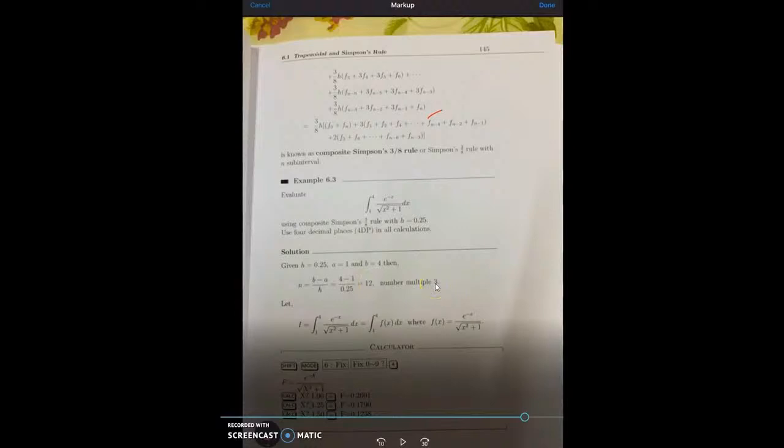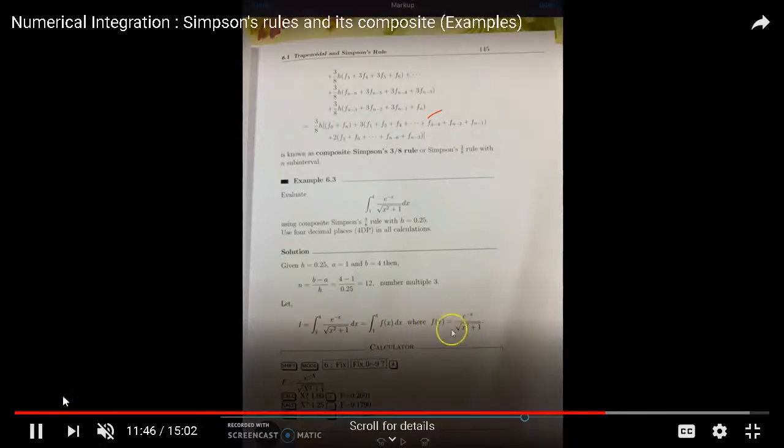You need to differentiate between F, A, B, and C. A is F0 plus Fn. B is the value of Fi which is not a multiple of 3. And the last column is Fi where i is a multiple of 3, the value of F multiple of 3.